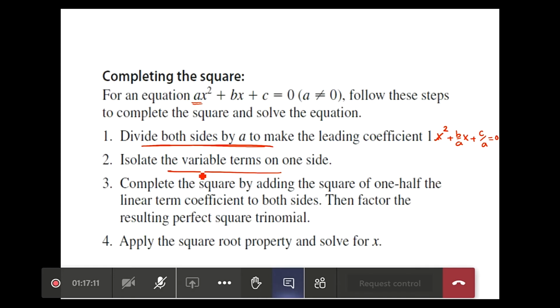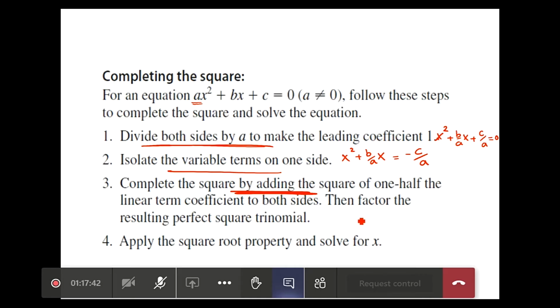Now isolate the variable term, so put x square plus b over a x on the left hand side and the number on the right hand side, like this. Now complete the square. We need to add to both sides the square of half the coefficient of x.